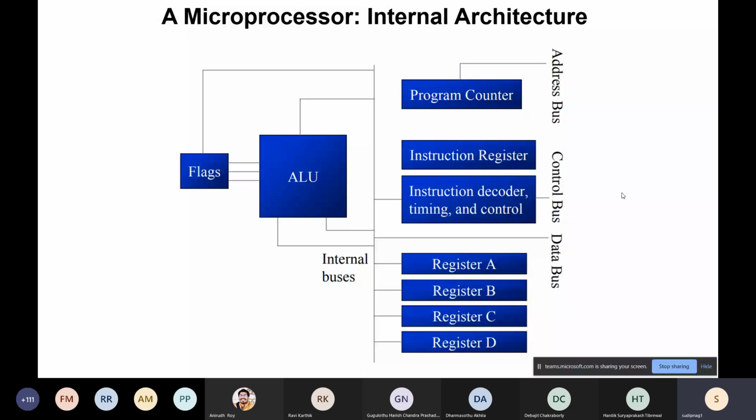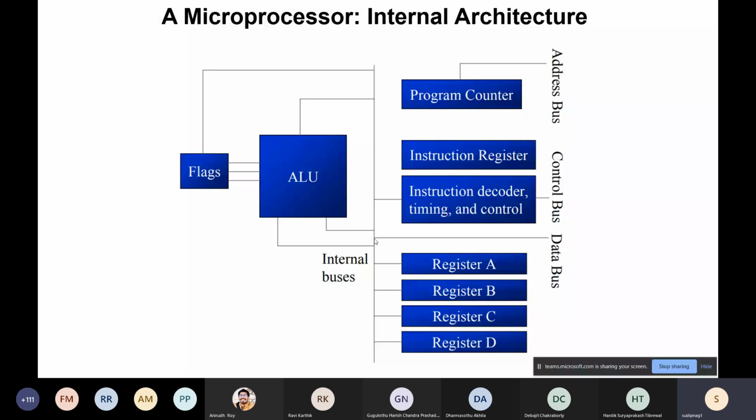Now the address has been applied, and after some time the control bus issues the read signal, so again the second byte of information will enter through the data bus from the memory. It again comes to the data bus, an 8-bit data bus, for example.